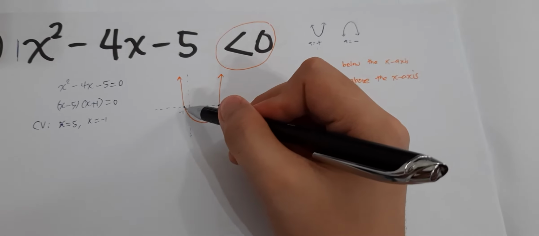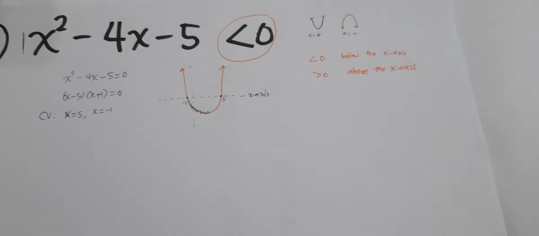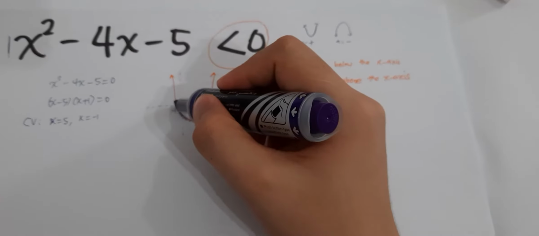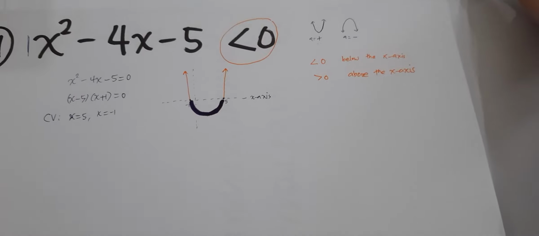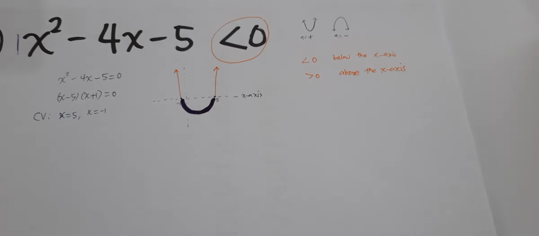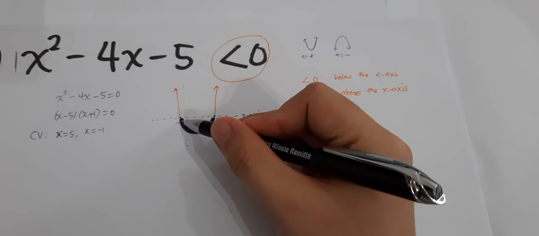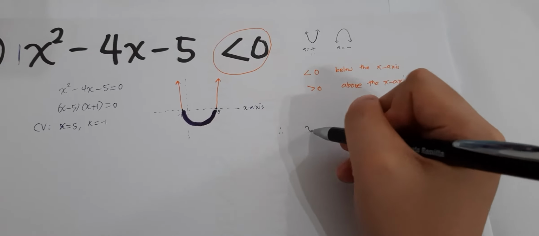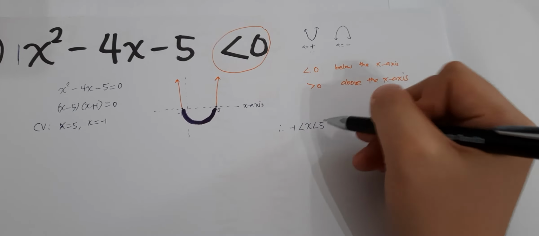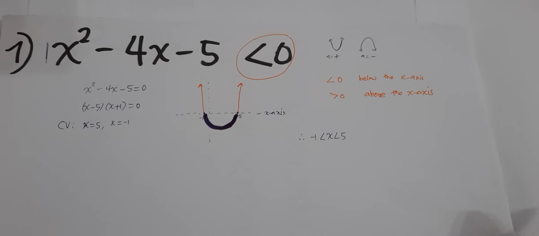What is below the x-axis based on the graph? This one. This is the only part of the graph which is below the x-axis. So what is this value? From minus 1 to 5. So your solution is from minus 1 to 5. No equal sign because the given doesn't have an equal sign.